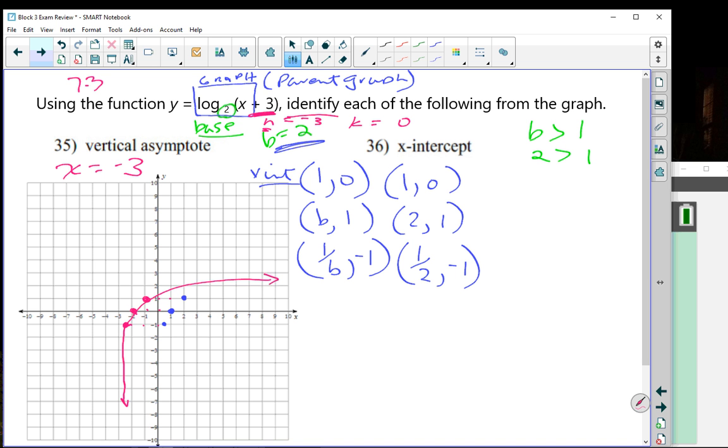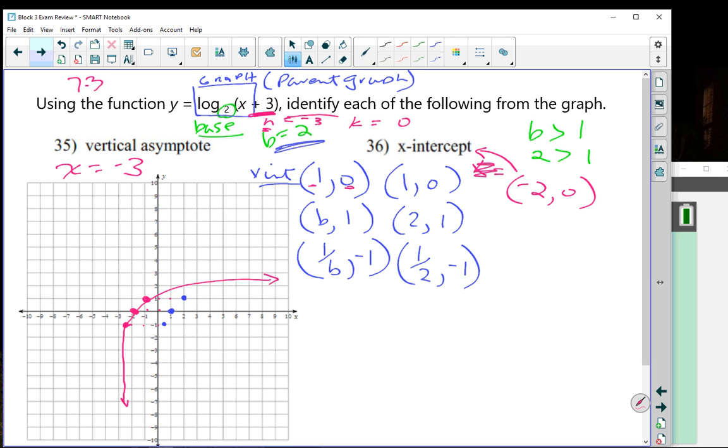Okay, it was what? 1 and 0, but we translated it, which means it moved how many units? 3, right? Is it -3 or is it a different number? It's actually -2, right? It's right here. Oops. -2 and 0. That's that answer.